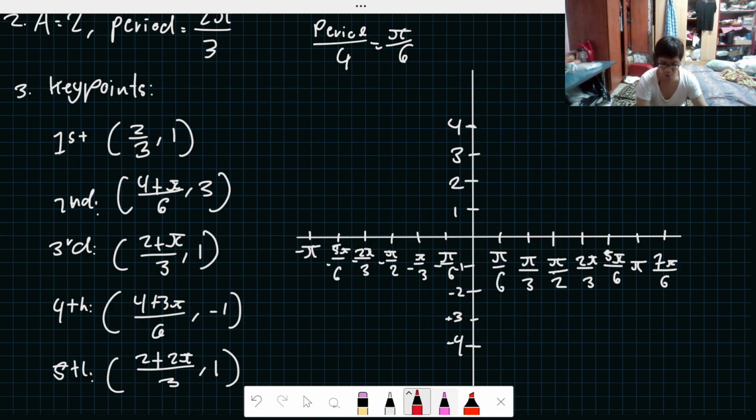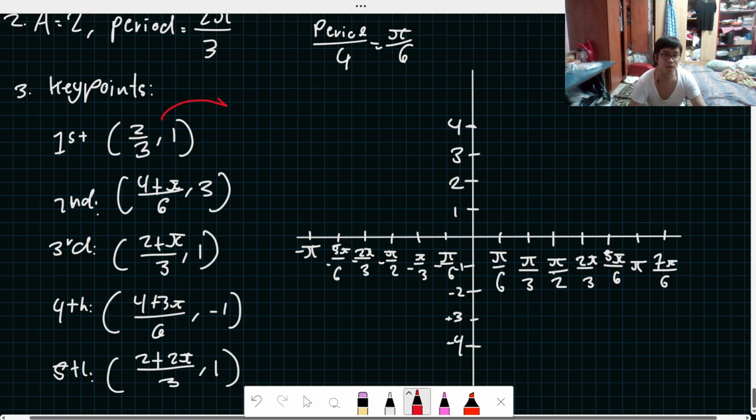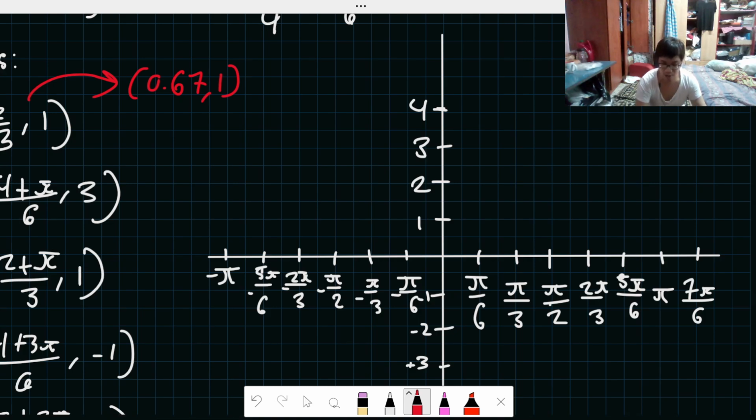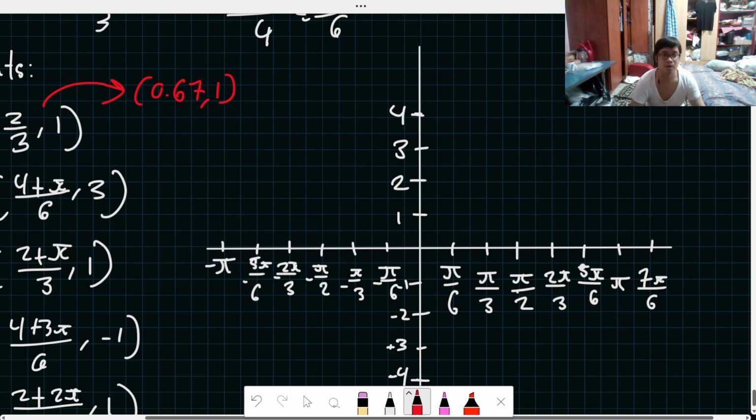All right. So 2/3 is another way of saying 0.67. So 0.67, where is it located? On the x-axis. First and foremost, where is pi all over 6? Pi all over 6, you see, it's here, right? Pi all over 6 is approximately 0.52, all right?